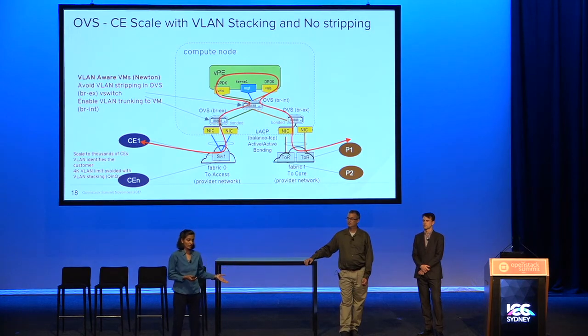But what Greg has pointed out from Juniper's point of view is that his VPE essentially needs those Q&Q tags, those VLAN tags, to stay intact, because that's how the VPE identifies a customer, and that's how it identifies a service. And then it is able to put in the right MPLS label and ship it out on the core side. So we need to keep those VLAN tags intact.